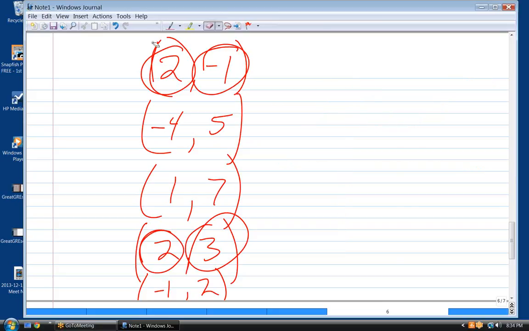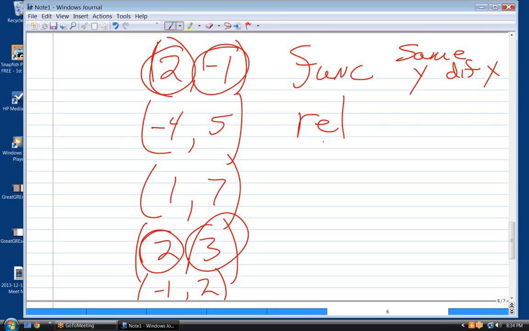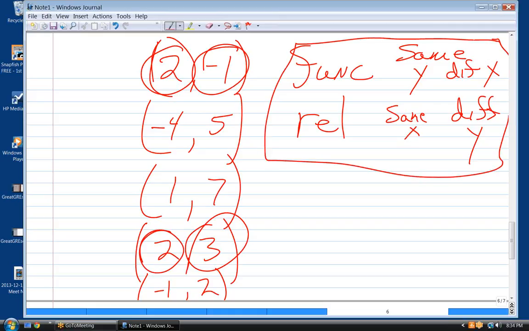So to be a function, I can have same y's, different x's, but not same x, different y's. Relations are not functions by this definition. So no matter what table of numbers you want to give me, or coordinates, we can merely apply this definition to determine whether it's a function or a relation.